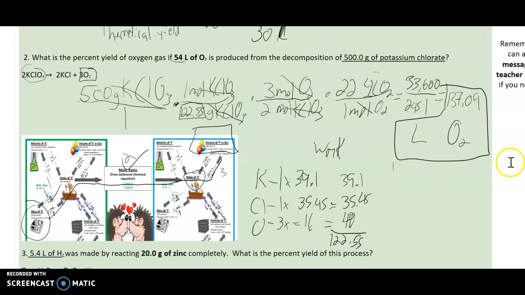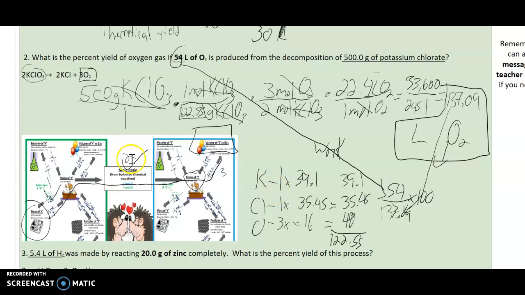Oh, and then to finish this problem off, I have to do my actual, 54, over my theoretical, 137, times 100.